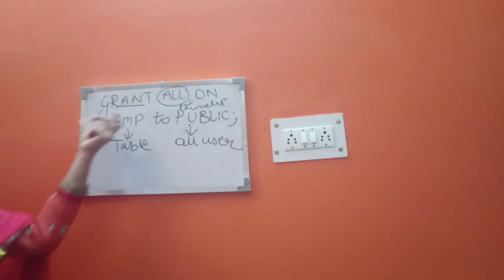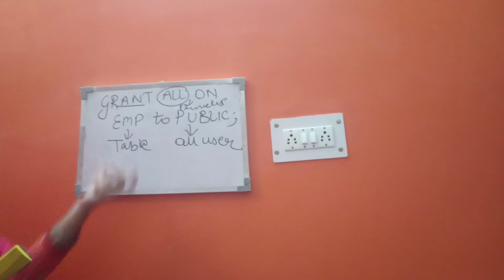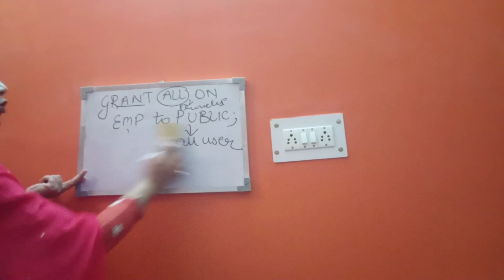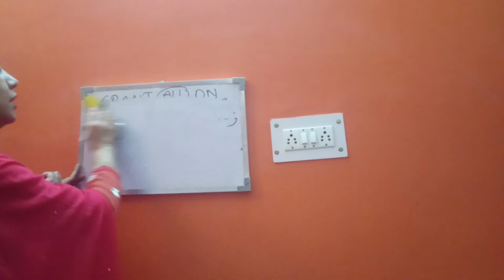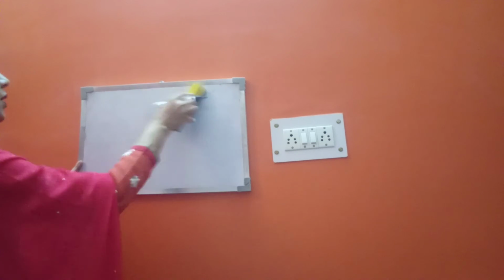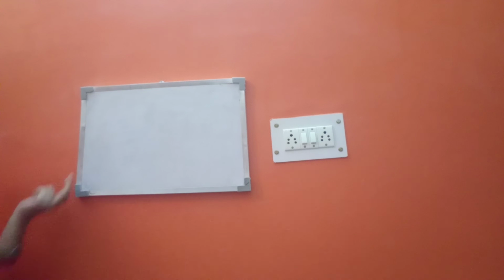This was just an example of how you can do that, but it is never done, nor should it be done at all, because it can be very dangerous. As I told you in the beginning, the information of a database is very crucial, very confidential. So never assign all permissions to all the users. You should never make all the permissions public.